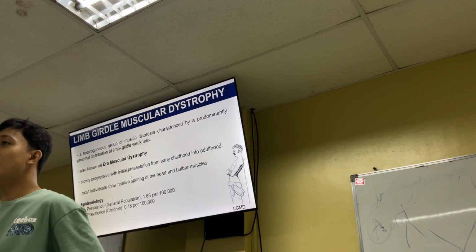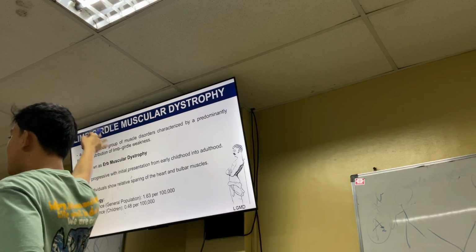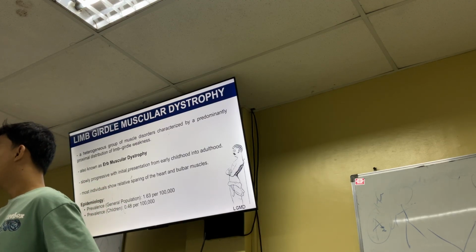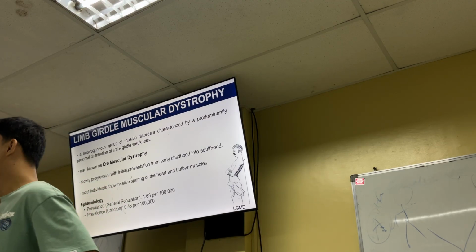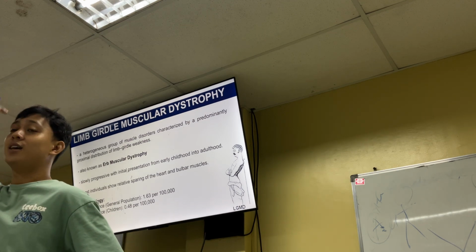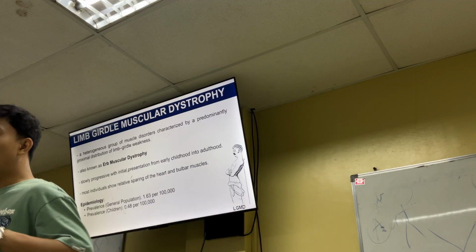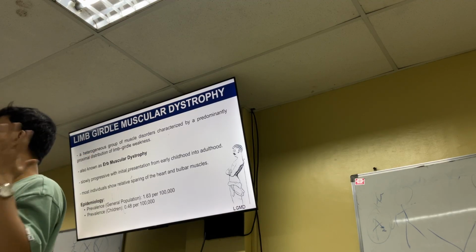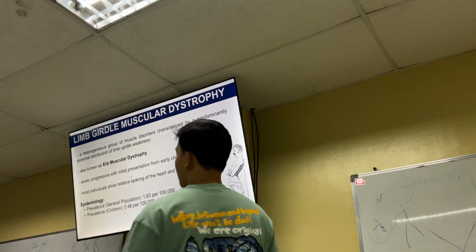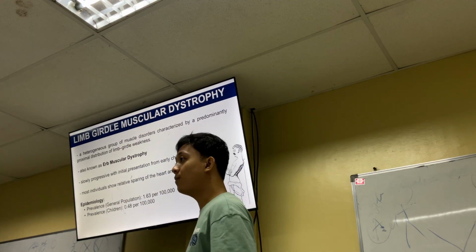Duchenne and Becker. Facioscapulohumeral dystrophy is also proximal: facio is face, scapulohumeral. Here, it could be in the shoulder girdle, the limb, or the pelvic girdle.